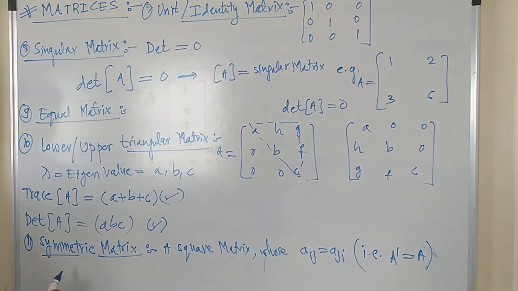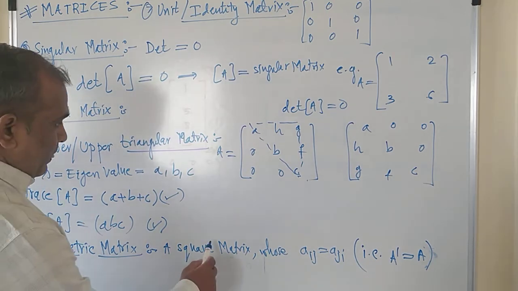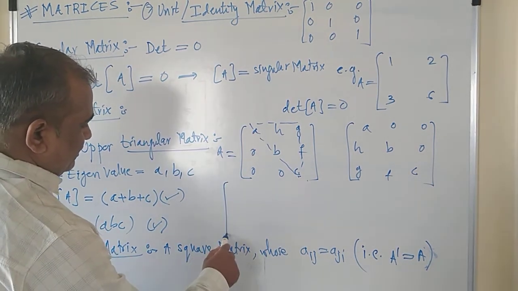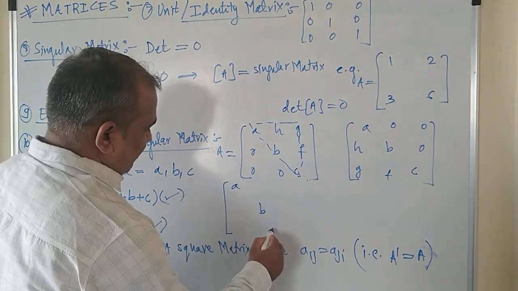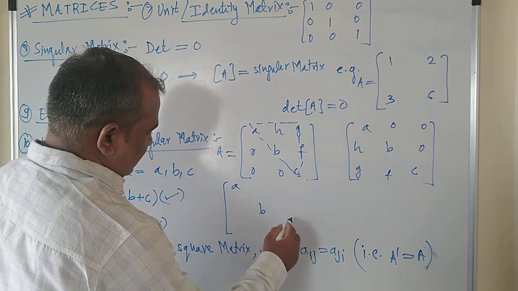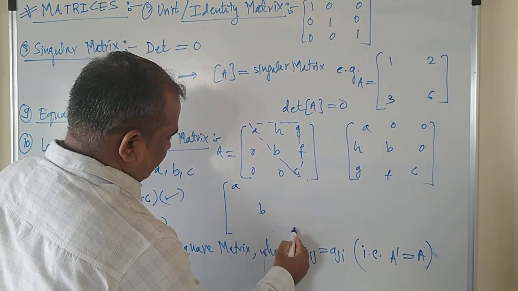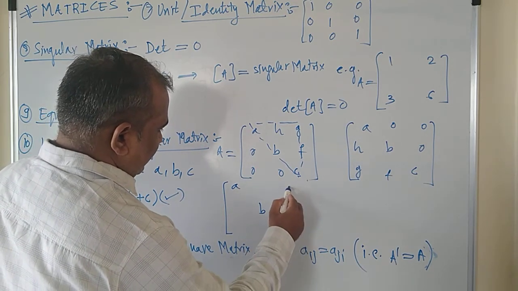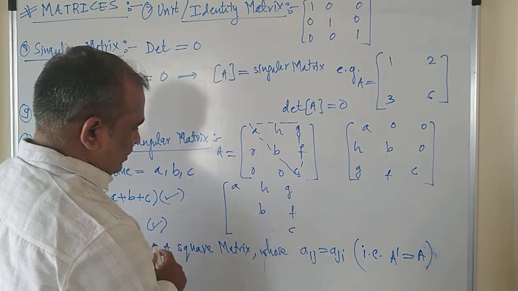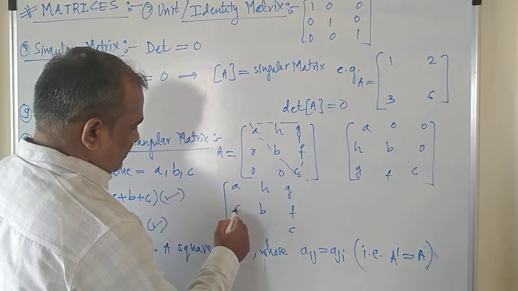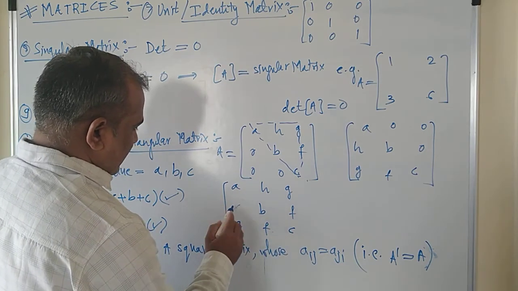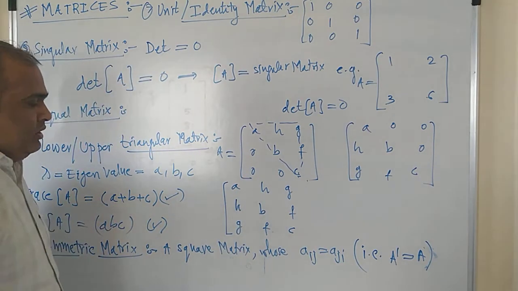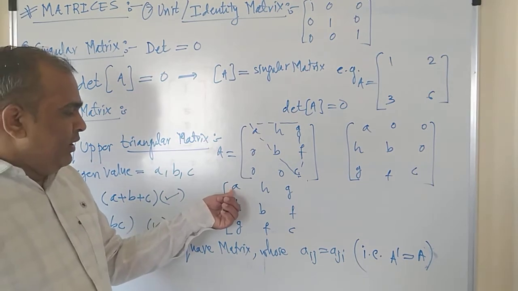Let's take an example of the square matrix. Suppose I will write here an example of this symmetric matrix. Diagonal elements, let us take A, B, C, and other elements F, G, H, and this is F, G, and H. Now what is this? This is the first element A11.